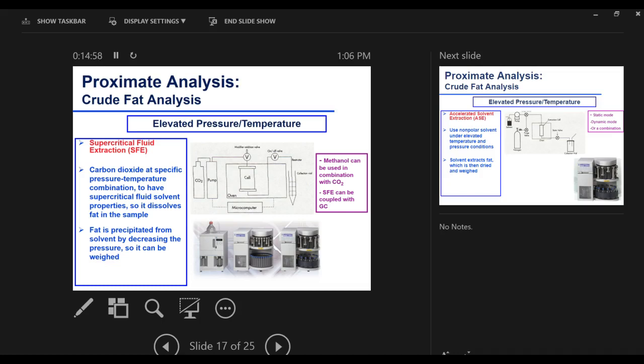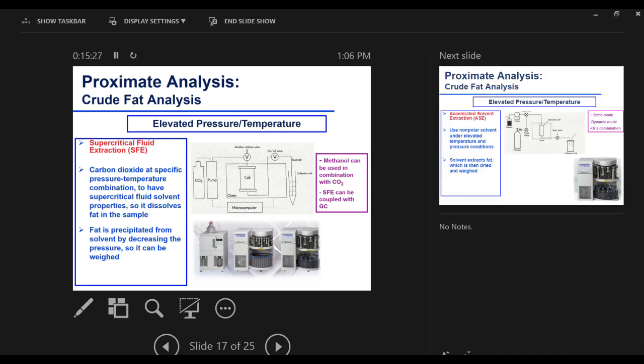And then after the solvent extracts, the solvent passes through tubing and gets collected in a collection vessel or vial. Because the pressure is lowered to atmospheric pressure, CO2 becomes gas again and leaves the system, and you end up with your fat. So it's pretty straightforward and simple.